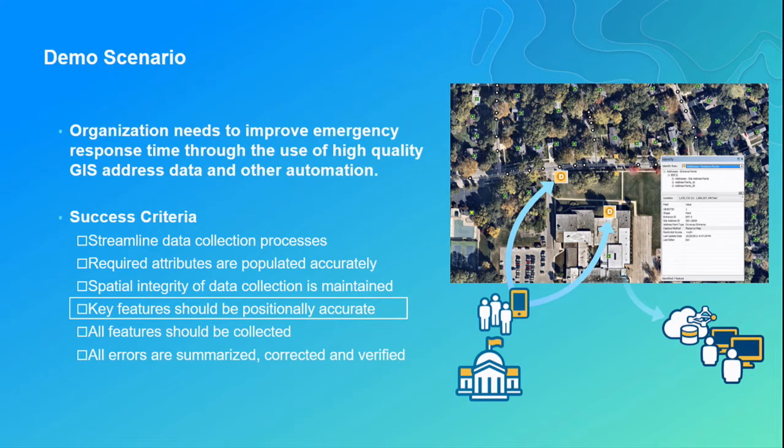Additionally, the organization will have field crews go into the system and look at the data that's been collected to ensure it is positionally accurate and that all the features are collected based on data completeness. Finally, we'll demonstrate how to provide error feedback back to the contributors, and summarize and look at the status of those issues at any point in time from a stakeholder's perspective.